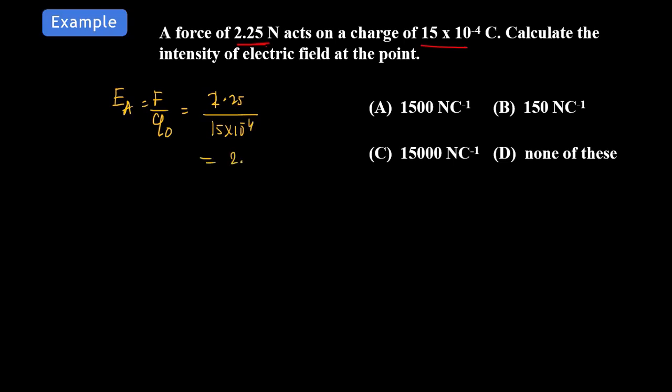That means 2.25 into 10 to the 4 divided by 15. 15 into 1.5 means 2.25. So 1.5 into 10 to the power 4. That is the electric field, in Newton per Coulomb. That means 15000 Newton per Coulomb.